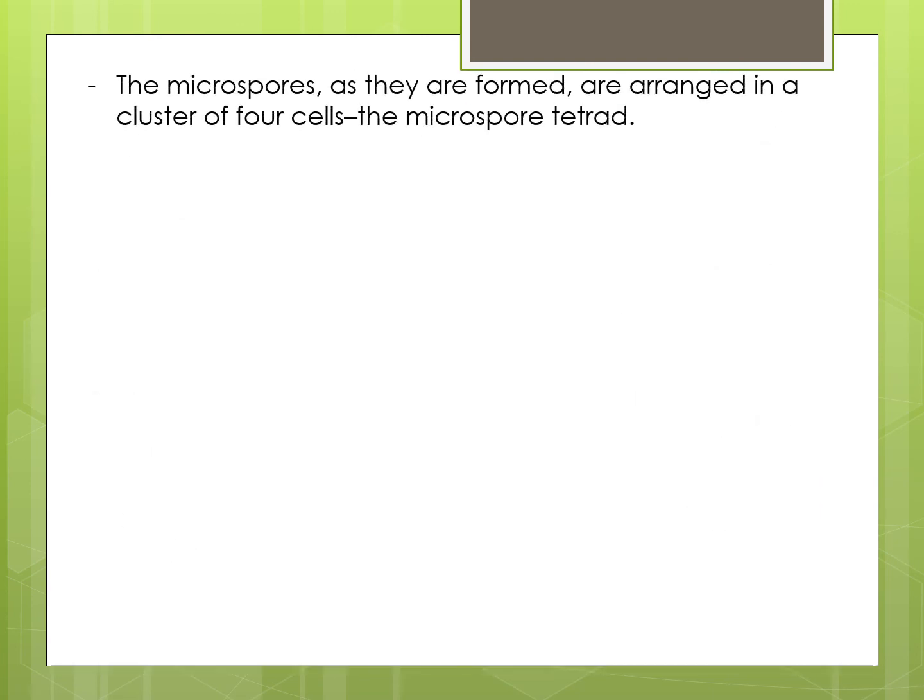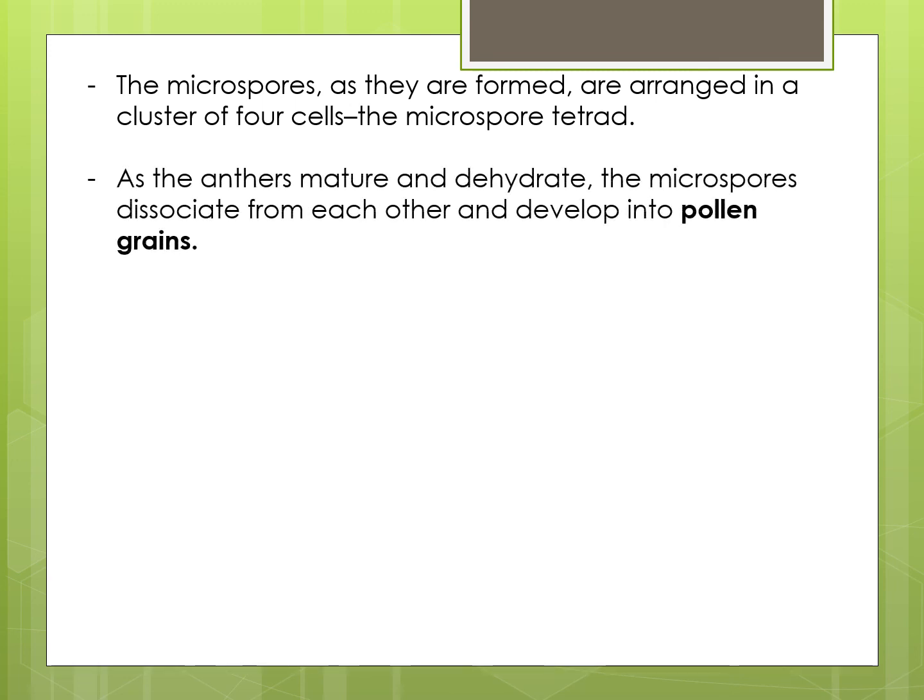The microspores, as they are formed, are arranged in a cluster of 4 cells called the microspore tetrad. As the anthers mature and dehydrate, the microspores dissociate from each other and develop into pollen grains.